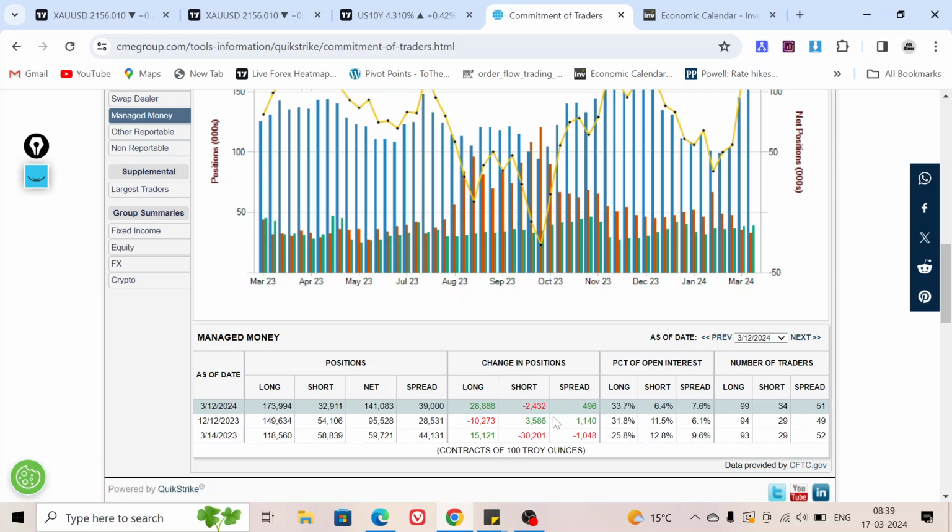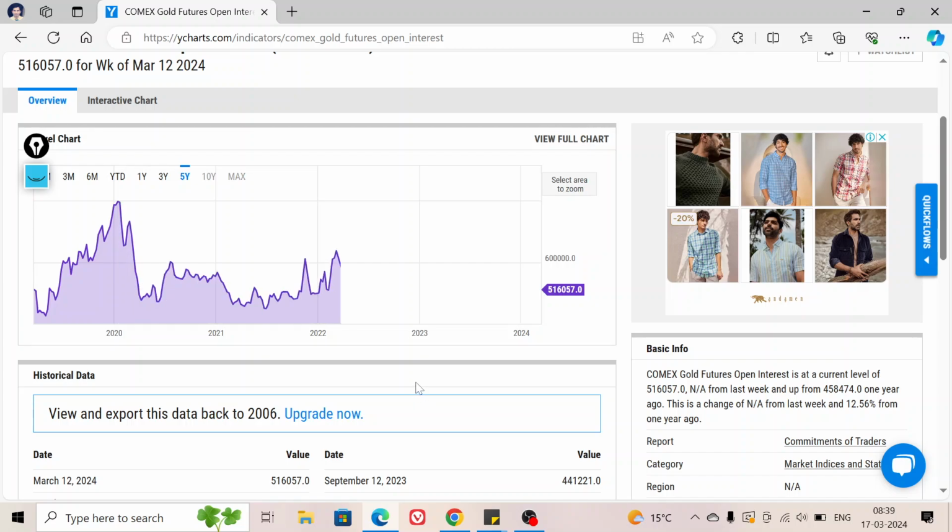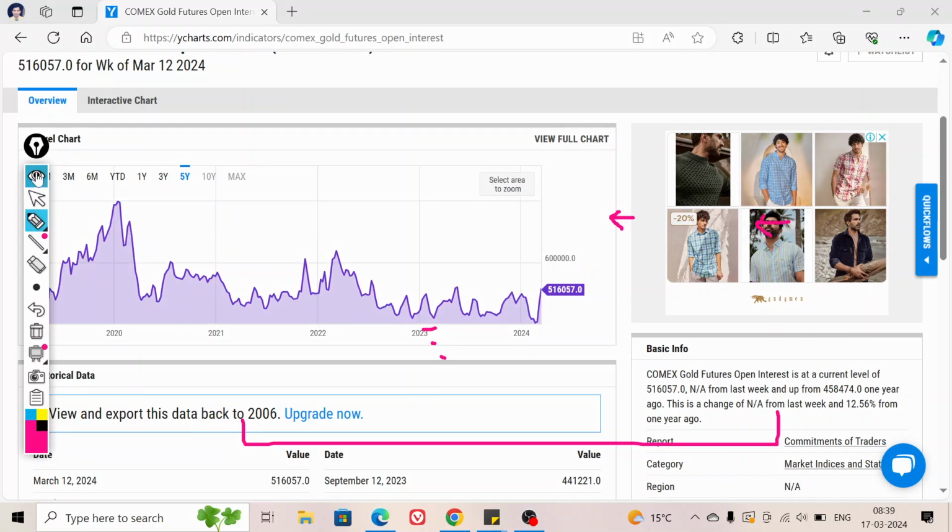Also, if we check the open interest data for this particular week, this is the open interest data from the gold futures market. In the change in position, you can see a good increase in open interest, and this indicates that the current trend is a strong trend and we can expect it to go higher.